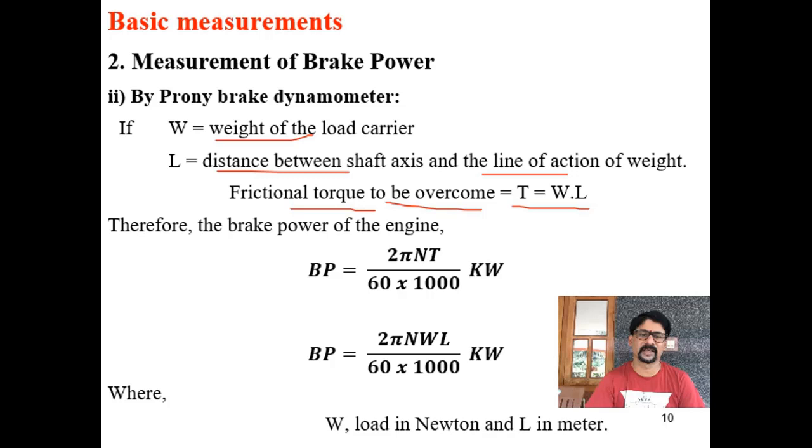So torque is nothing but W into L. The brake power of the engine, as you know, is 2 pi N T by 60 by 1000. I don't want to explain how you get this expression. Here the only thing is you have to replace T by W into L. That is how you have to find it out.